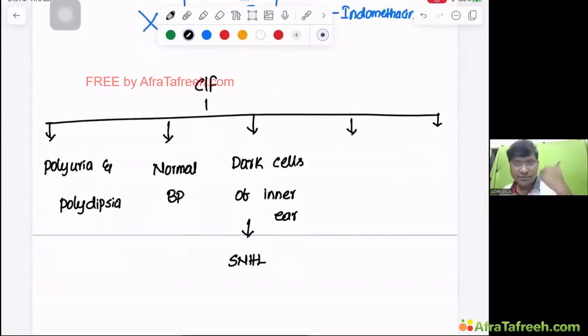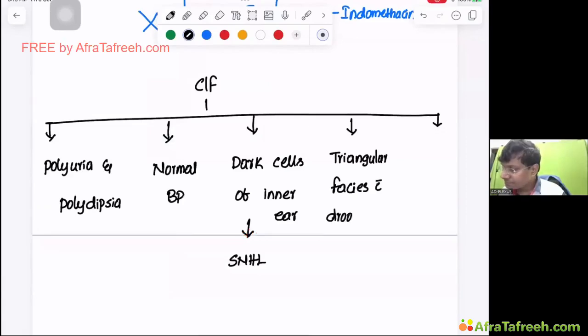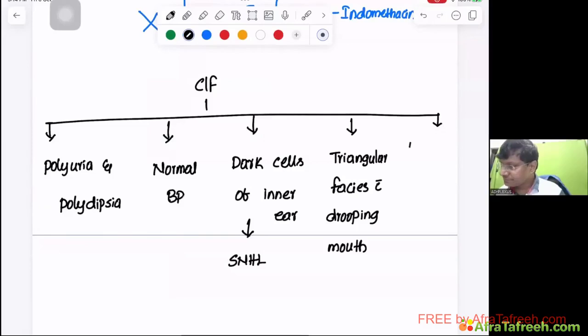And how will be the face of these individuals? They have triangular faces with drooping mouth. And how will be the eyes of these individuals? They have large eyes and pinna.